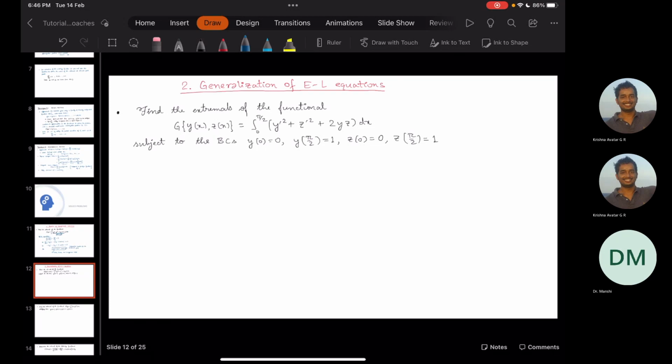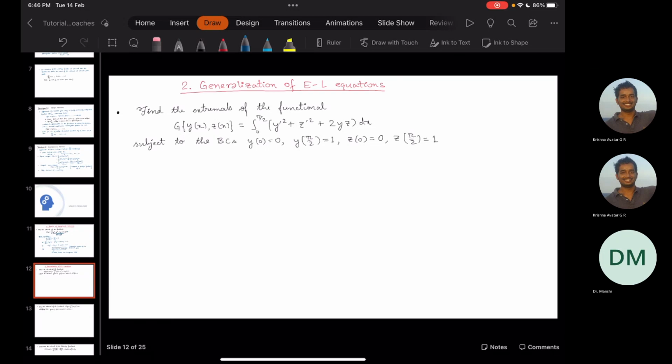So this is a case wherein the functional consists of two dependent variables, but just one independent variable. The two dependent variables are y and z, and the only independent variable is x.